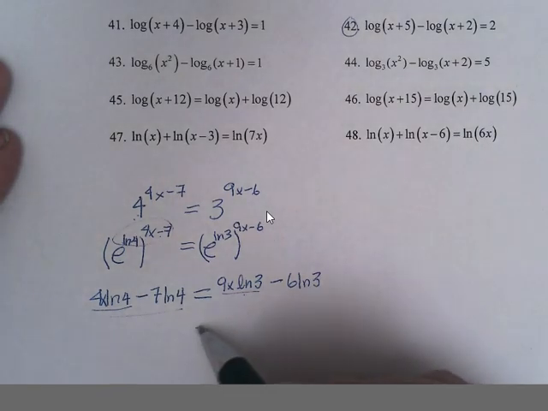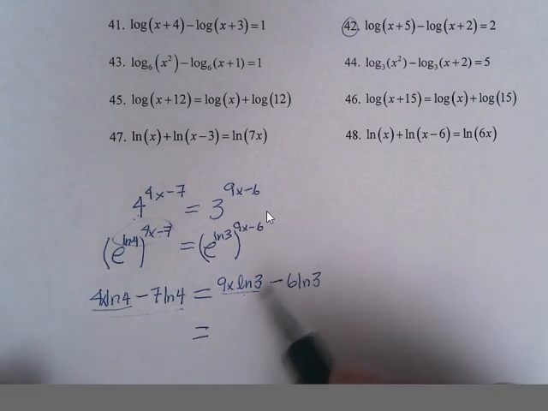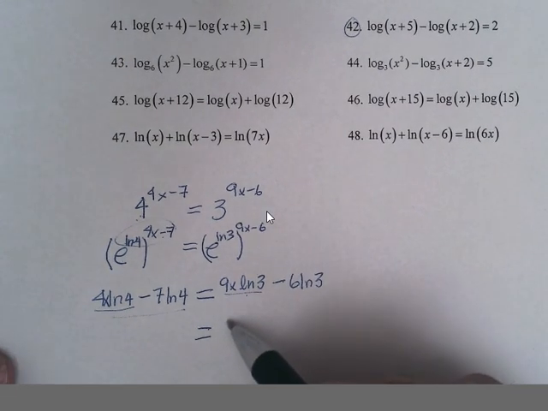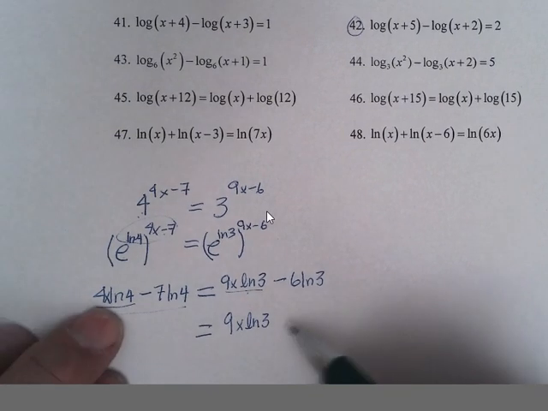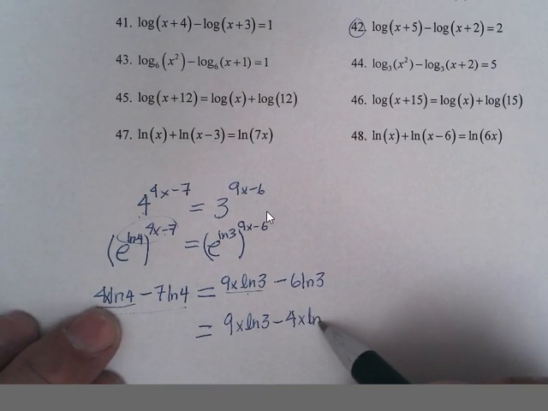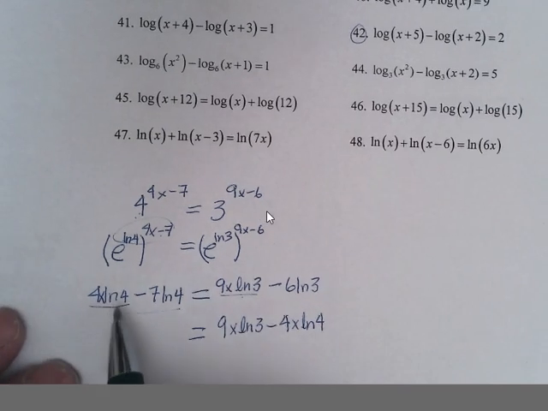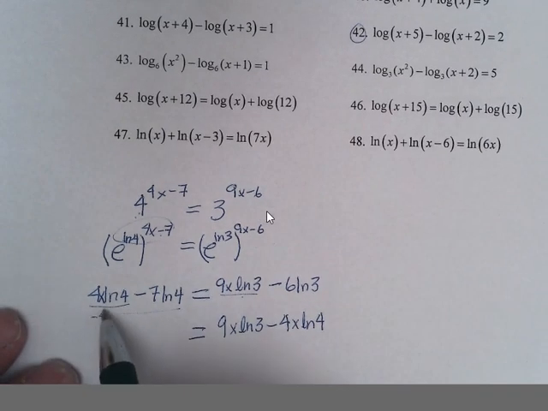And I'll do this not like I did in class. I had you guys just go straight to decimals, but I'm just going to write this as 9x ln 3 minus 4x ln 4 by subtracting 4x ln 4 from both sides.